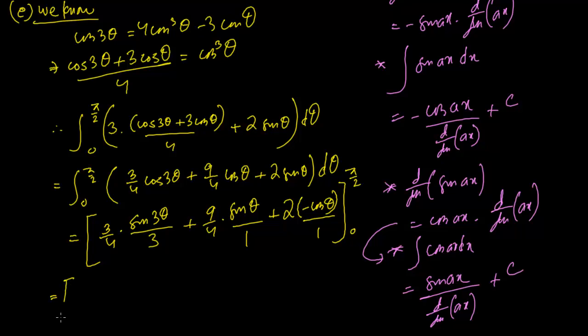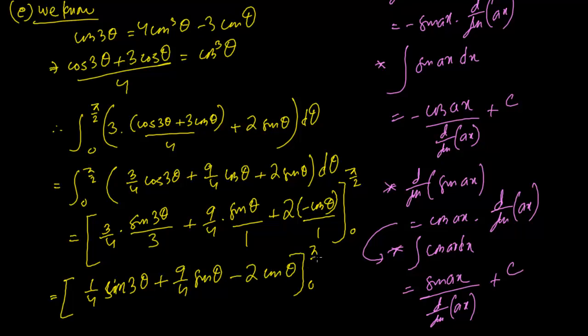So let's simplify this before we put in the limit. So this 3 and 3 cancels. It becomes 1 by 4 sin 3 theta plus 9 by 4 sin theta minus 2 cos theta, and it's going to be 0 to pi by 2. So let me put down the values.